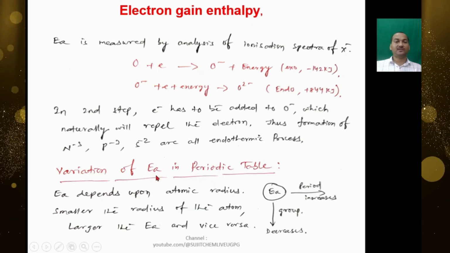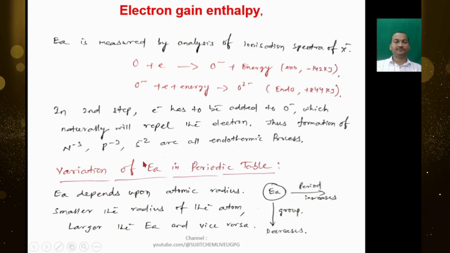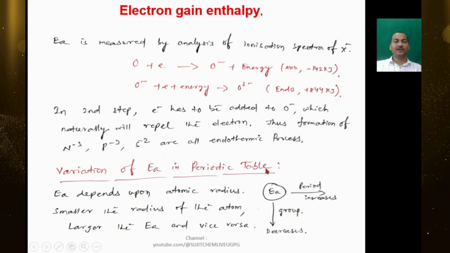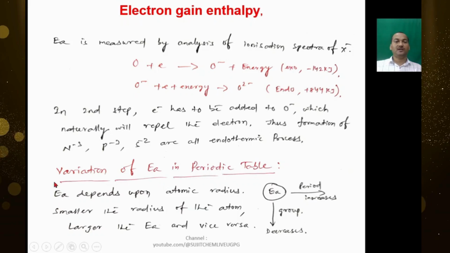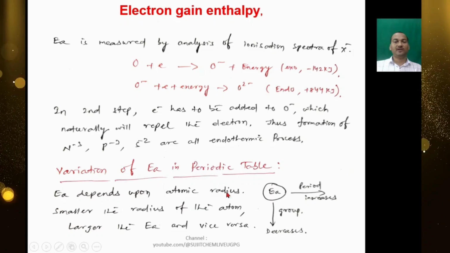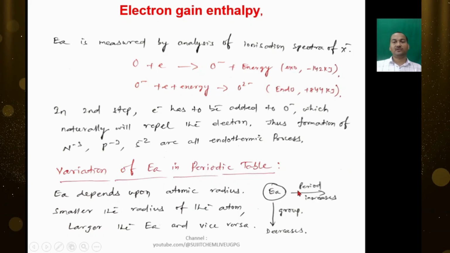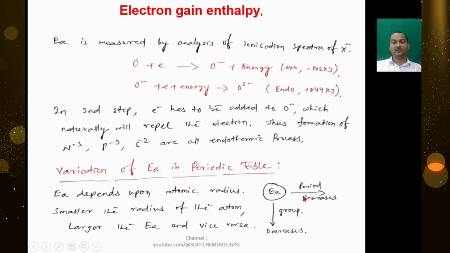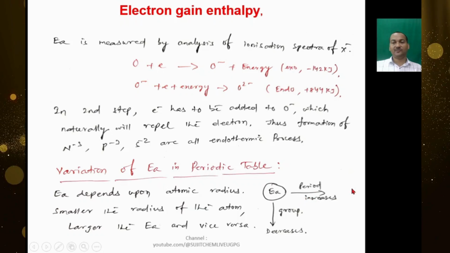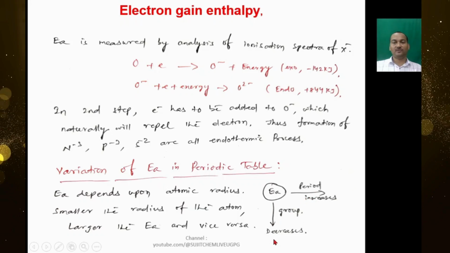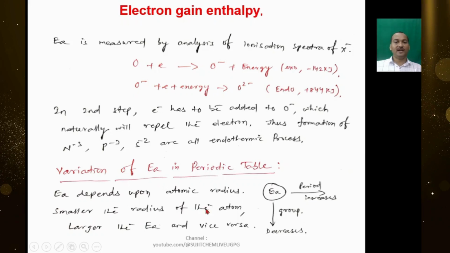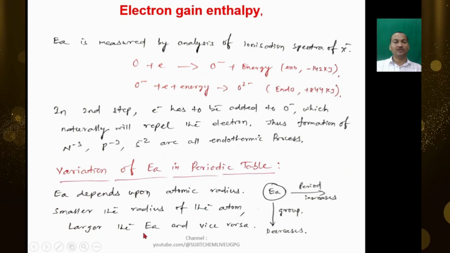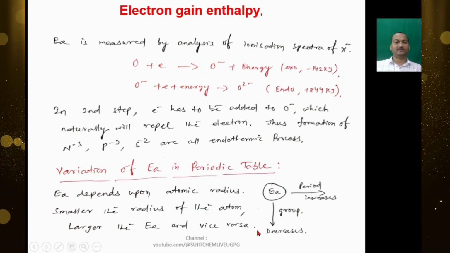The next is variation of electron affinity in the periodic table. Electron affinity depends upon the atomic radius. Electron affinity value increases across the period and decreases down the group. The smaller the radius of the atom, the larger will be the EA and vice versa.